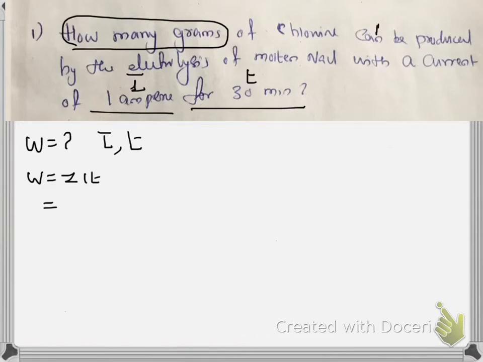Z means electrochemical equivalent. What is Z? Z equal to E by 96500.